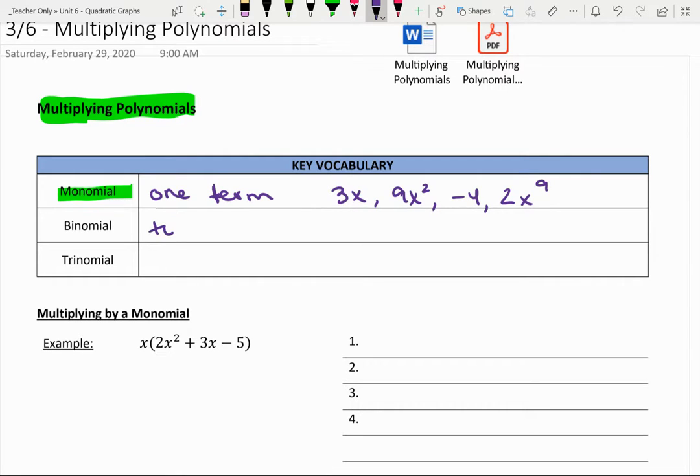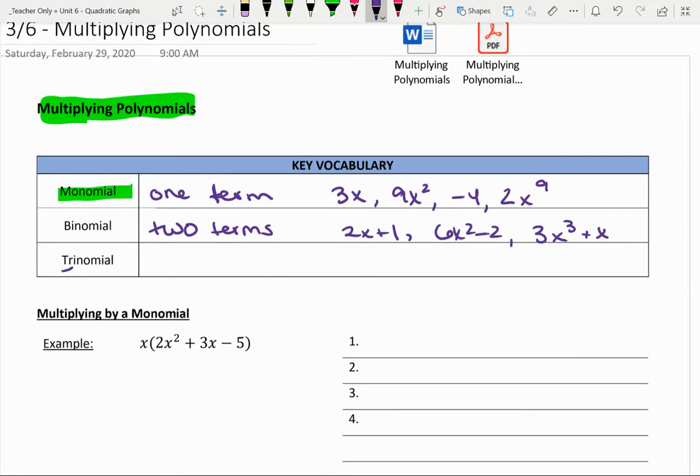A binomial, just like a bicycle has two wheels, a binomial has two terms. So something like 2x plus 1, or 6x squared minus 2, or 3x cubed plus x. Anything with two variable coefficient pieces combined with addition or subtraction.